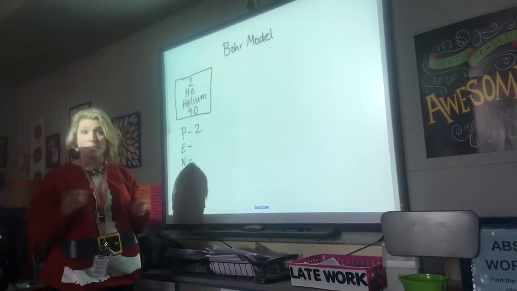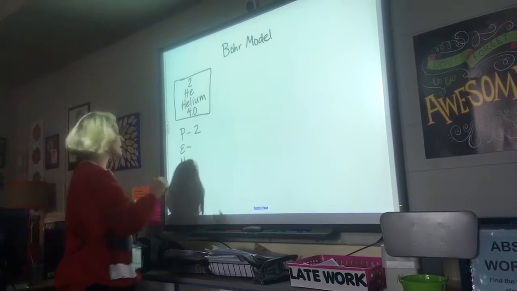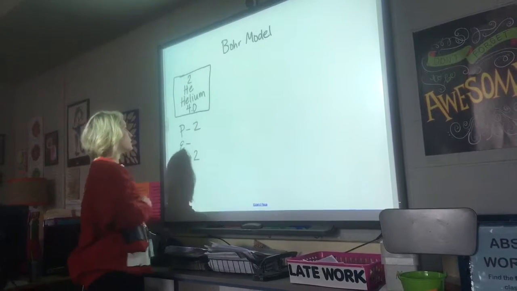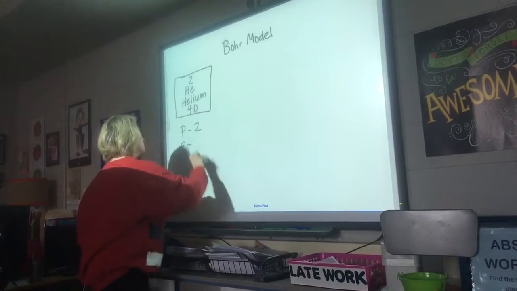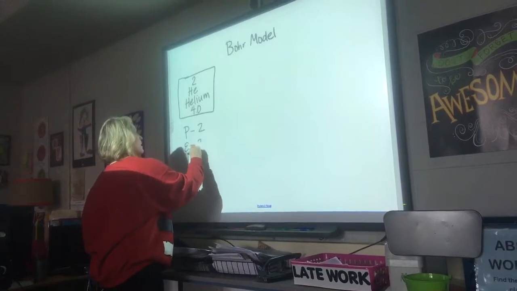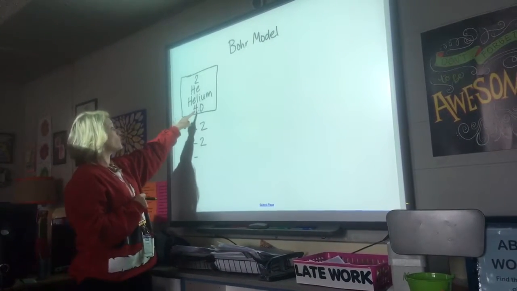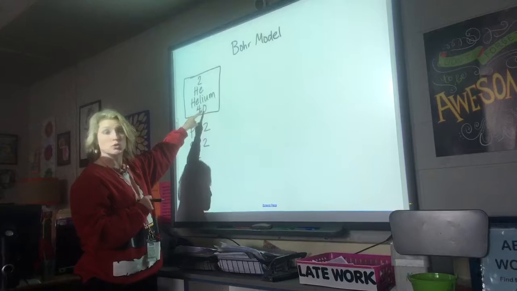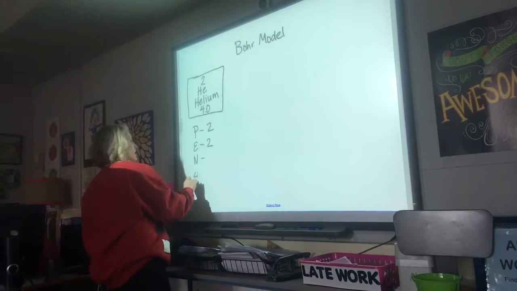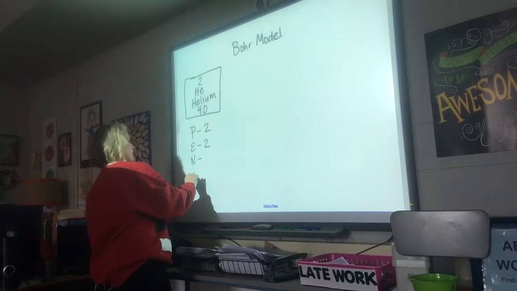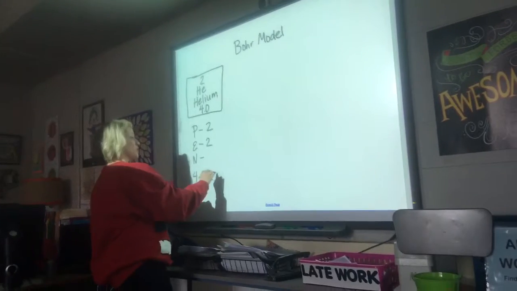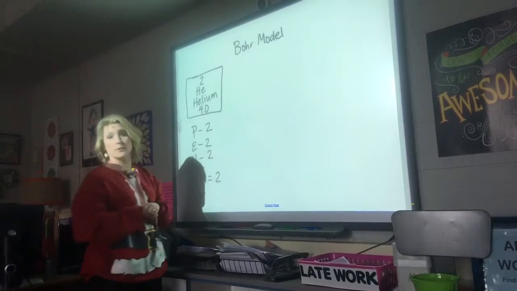Of a neutral atom, our number of electrons is going to be equal to that, so it's going to be 2 electrons up here. And then my neutrons: in order to calculate your number of neutrons, you round your mass number to the nearest whole number, which would be 4, and you subtract your atomic number from it, so 2. So this would be 2 neutrons as well.